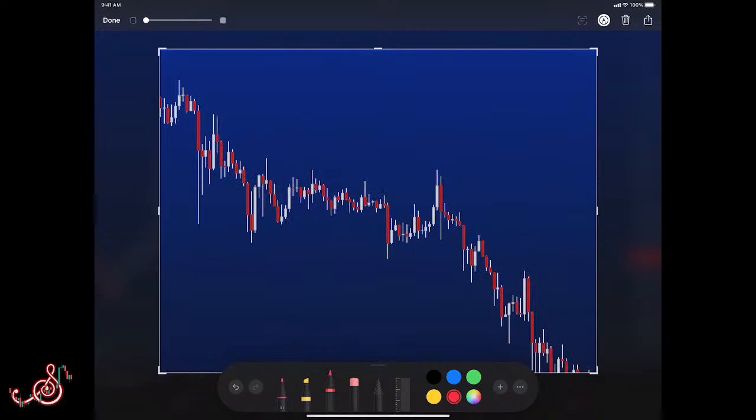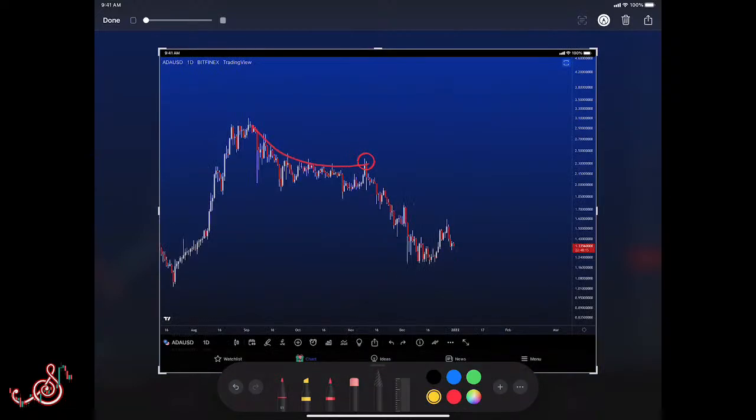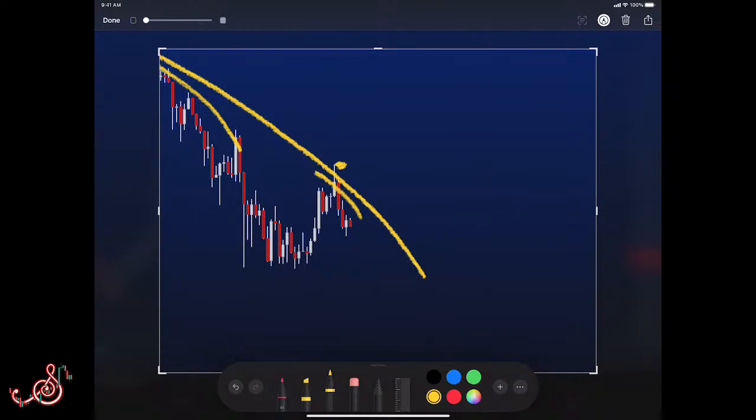Number one, there's a little micro flow here, a parabolic, which gives us this area. But overall, there's a bigger parabolic that seems to be forming from these tops, because see how we're kind of cascading down a little bit? There might be a parabolic that's forming in this area, which means we would be looking for breakouts past this area.